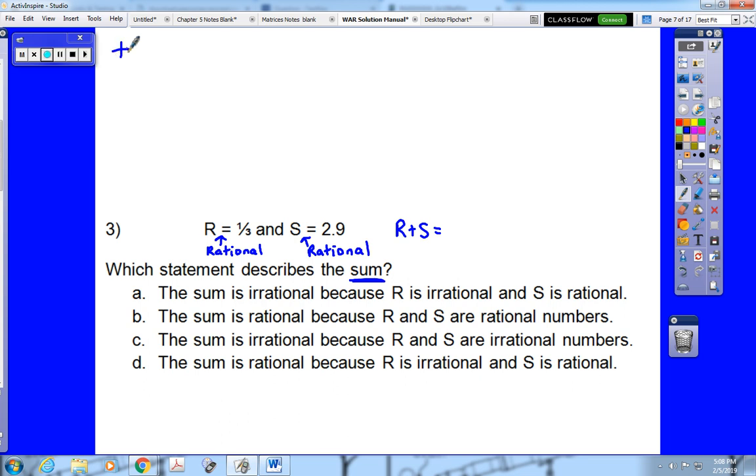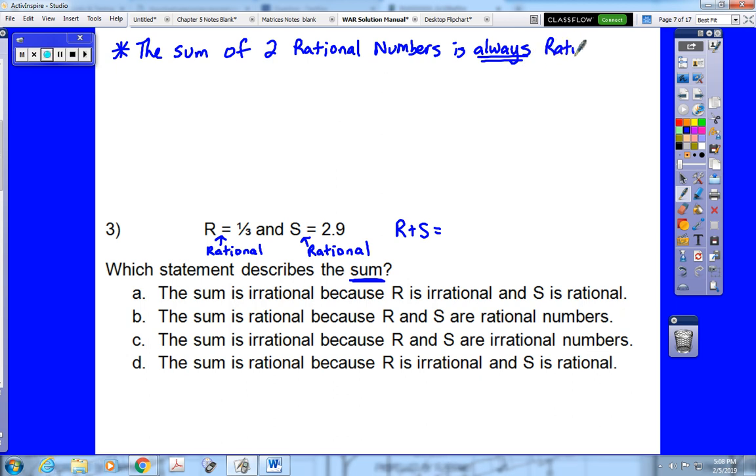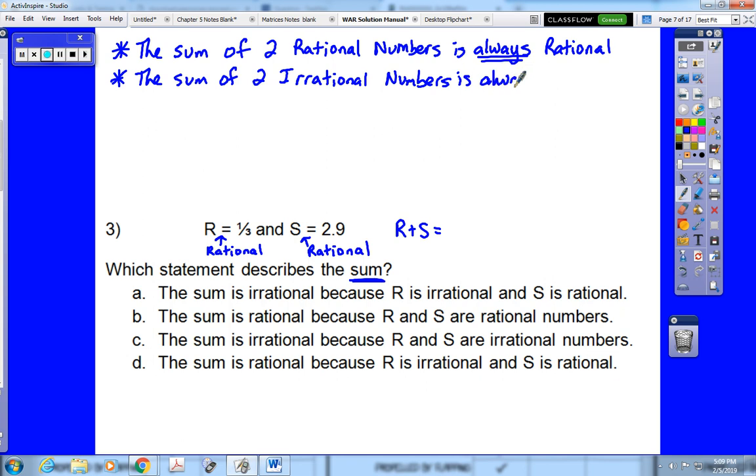Sum is different. Okay? The sum of two rational numbers is always rational. If you can add two fractions, you will always get a fraction. Always. However, the sum of two irrational numbers is always irrational.